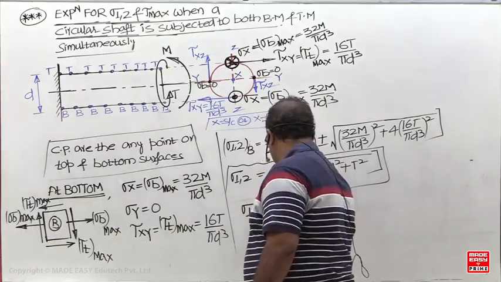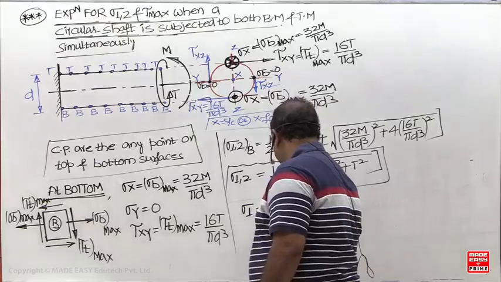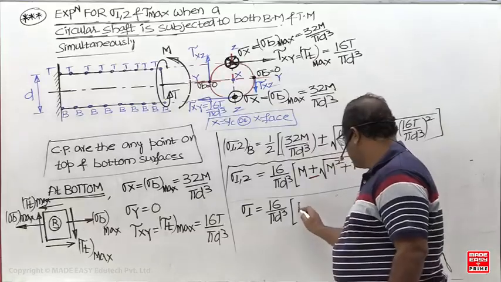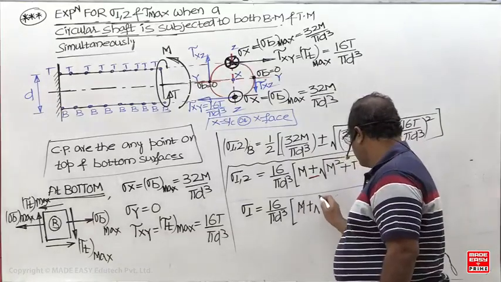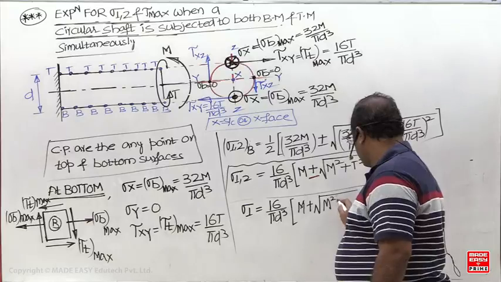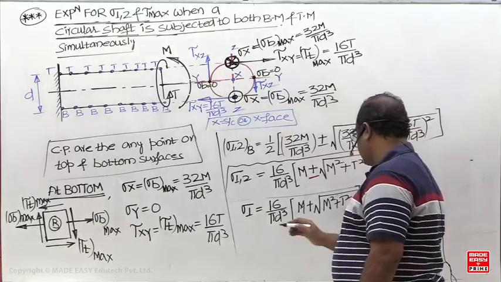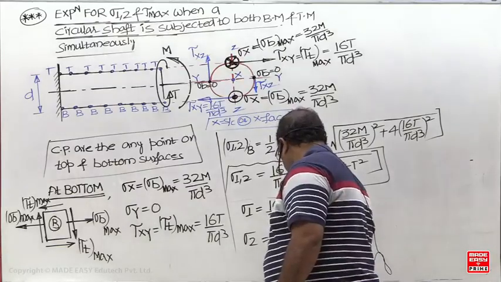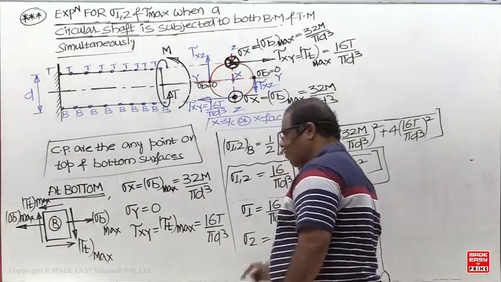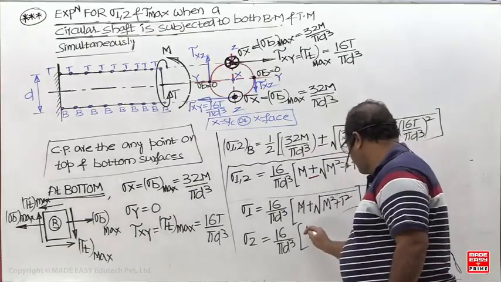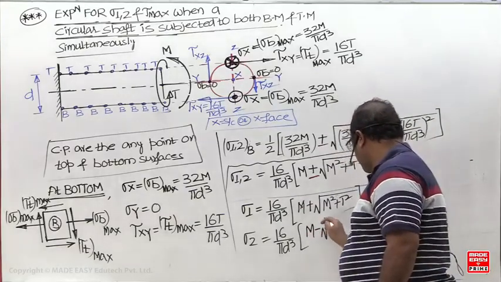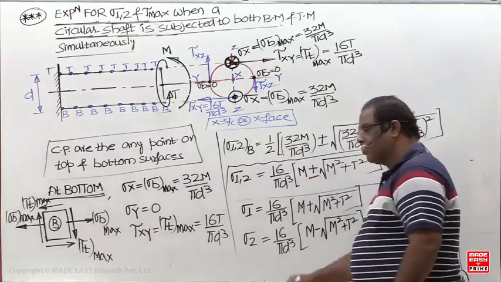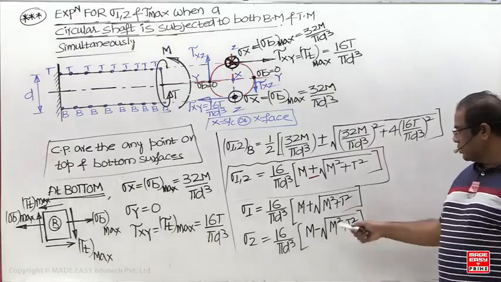Sigma 1 means... now the principal stresses are unlike, one positive and one negative.